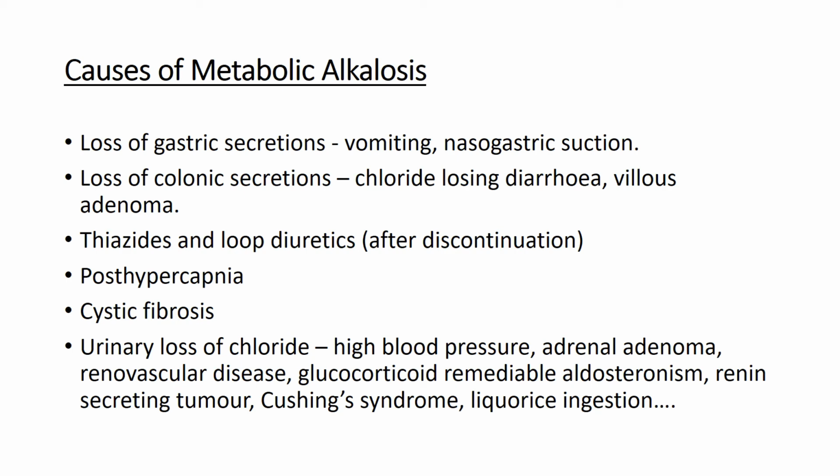Post hypercapnia, if someone has retained CO2, after this you can develop a metabolic alkalosis. Patients with cystic fibrosis, and a urinary loss of chloride, that might be caused by high blood pressure, adrenal adenomas, renal vascular disease, glucocorticoid remediable aldosteronism, particularly when you stop steroids, renin secreting tumor, Cushing syndrome, or licorice ingestion.